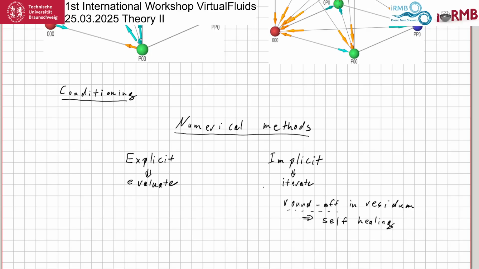The round-off errors from the previous iteration step go to the residuum and then they are removed in the next iteration. Unfortunately, this is not the case in explicit methods. Here we have round-off accumulation. Whatever you did wrong in the evaluation of your method will stay there forever. Therefore, this is more dangerous here.